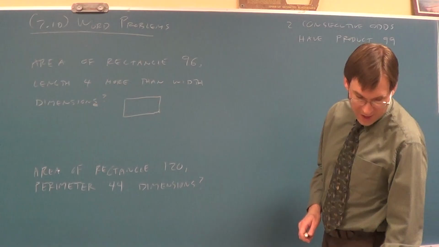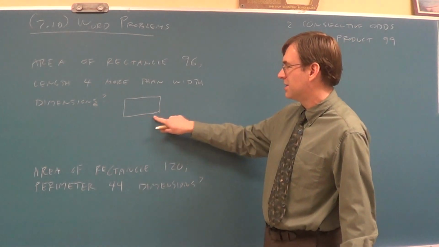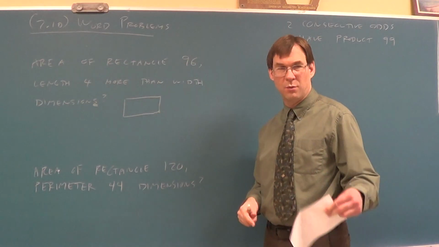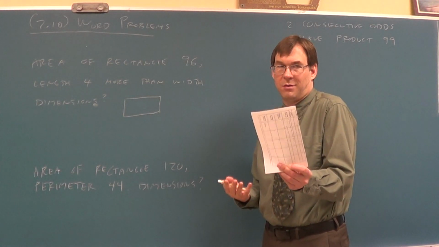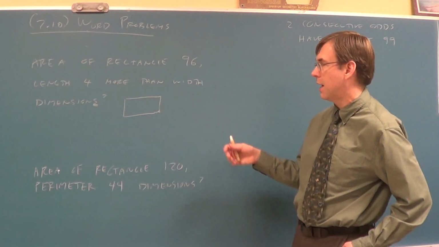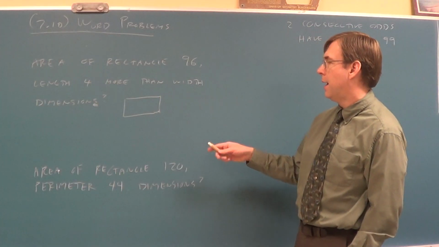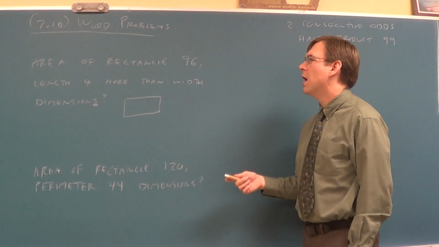It doesn't really matter which one you call the length. I think more people probably think of this as the length, but when you're dealing with a rectangle, it's still the rectangle. It doesn't really matter which one is the length and which one is the width, because rectangles are pretty turnable.